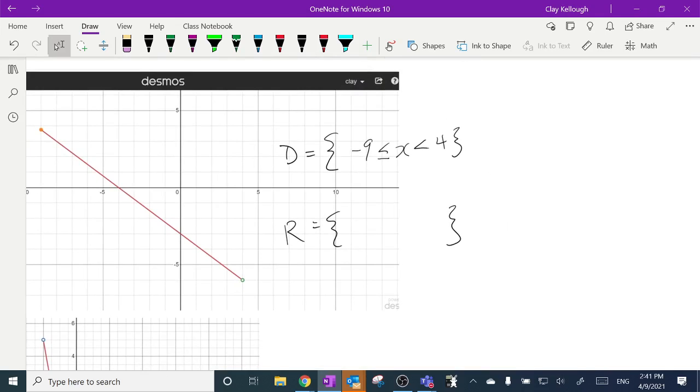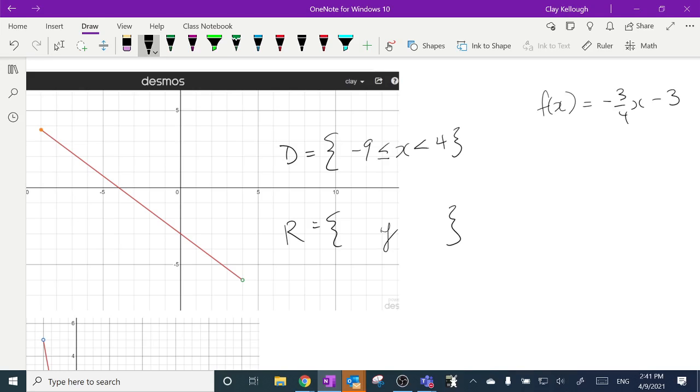What was my equation again? Y equals -3/4 x minus 3. Was that right? Okay. You know what I would like to know? Well, let's see. Range is y, correct?